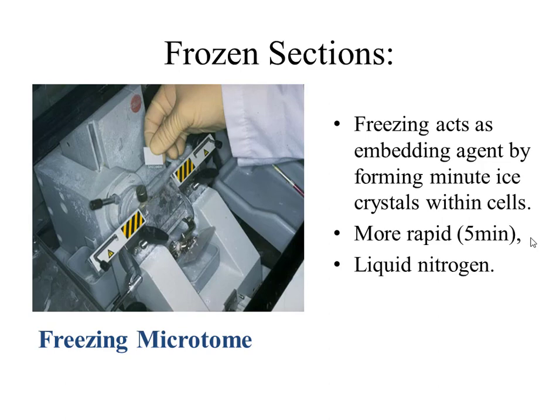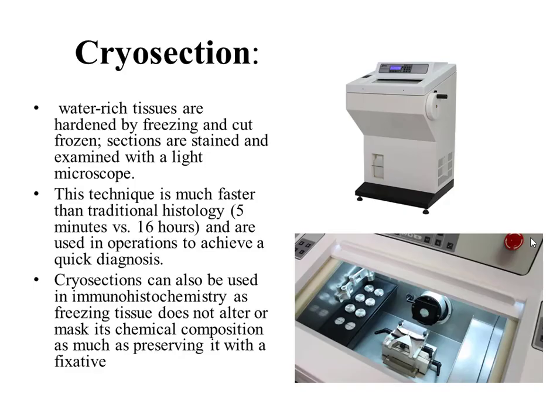Freezing acts as an embedding agent by forming minute ice crystals within the cells with the help of liquid nitrogen. The special apparatus which makes these slides is named a cryostat, and the section of the frozen material is named a cryosection.